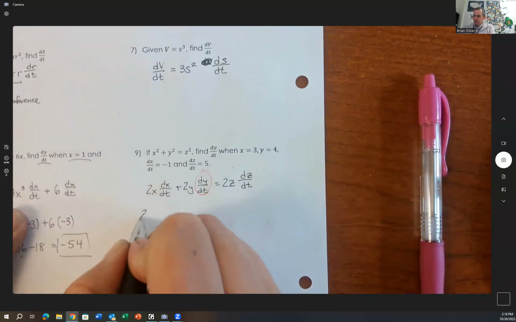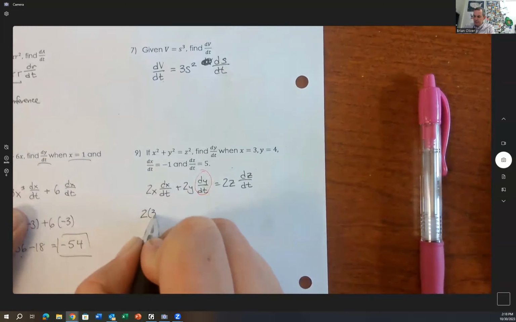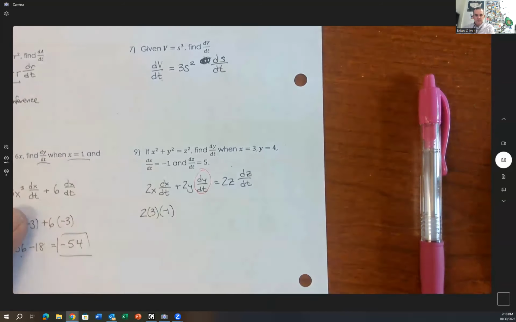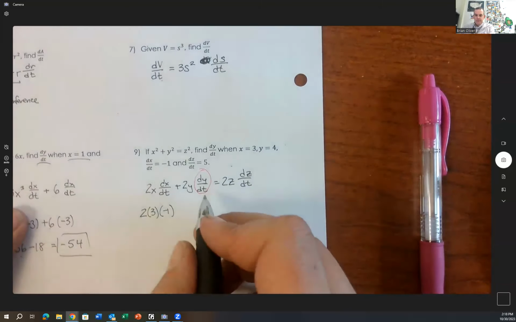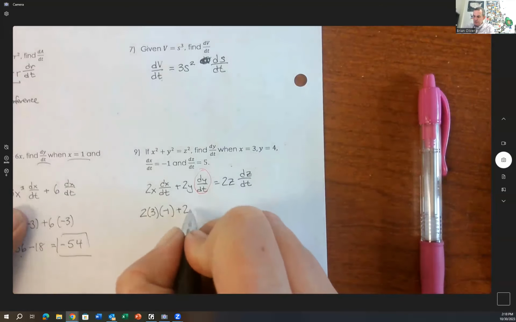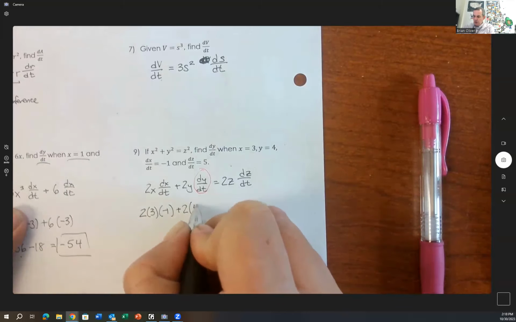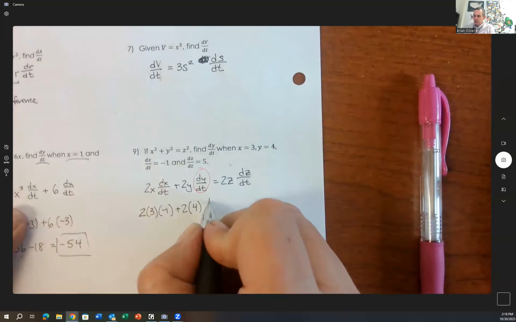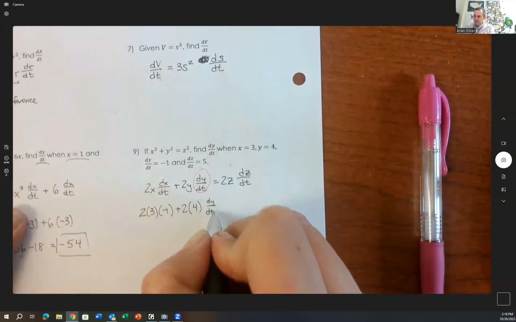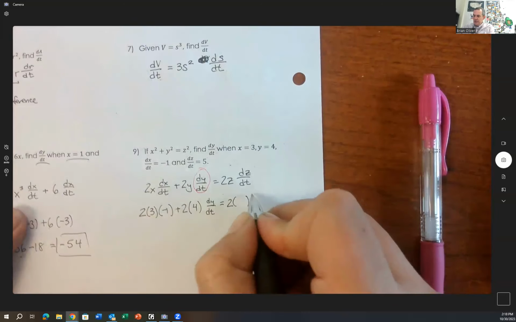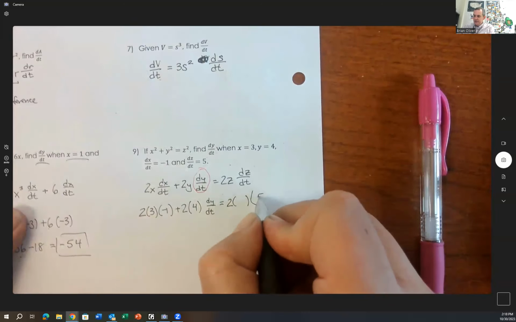So this is going to be 2 times x, which is 3, times dx/dt, which is -1, plus 2 times 4 times dy/dt, which is what we're trying to solve for. So that's our unknown, equals 2 times z times dz/dt, and I know that dz/dt is 5.